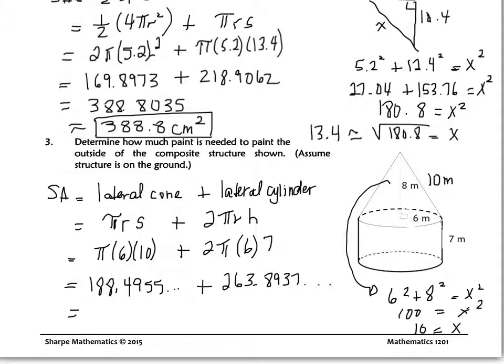And then if we add those together, 188.4955 added to 263.8937, we get 452.3892, which is approximately, it doesn't say what to round it to, so we'll just round to the nearest tenth, 452.4 meters squared, because it's surface area.